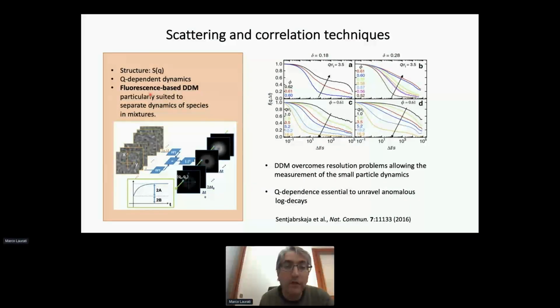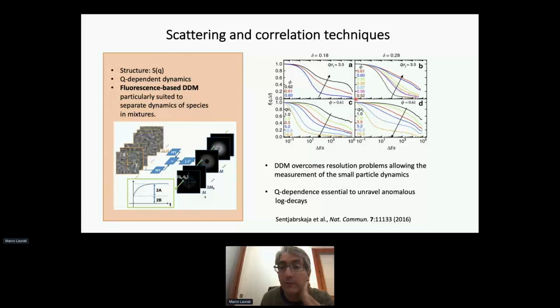And so it's particularly suitable to separate the dynamics of the species. In this technique, by correlating in Fourier space image differences acquired with the microscope, we can extract the intermediate scattering function, like in dynamic light scattering. And on top of the selectivity, we can also overcome problems of resolution of the microscope.